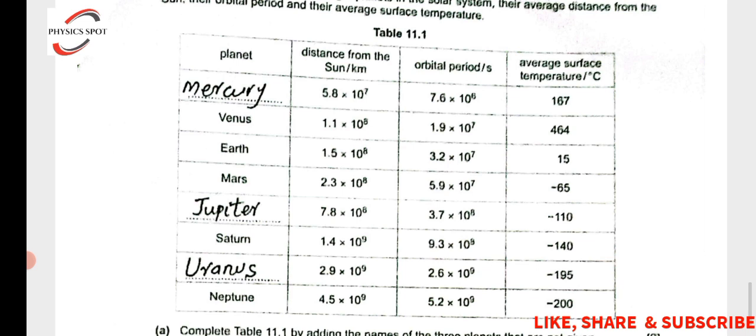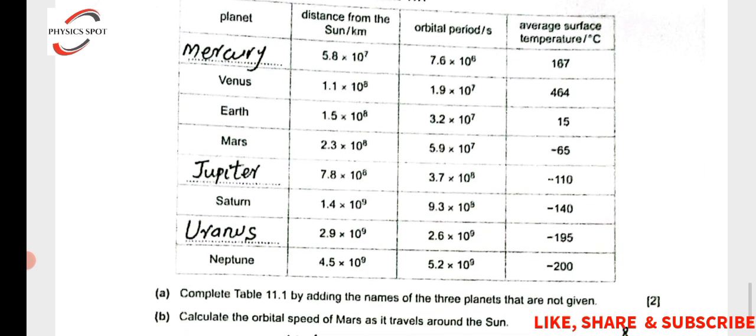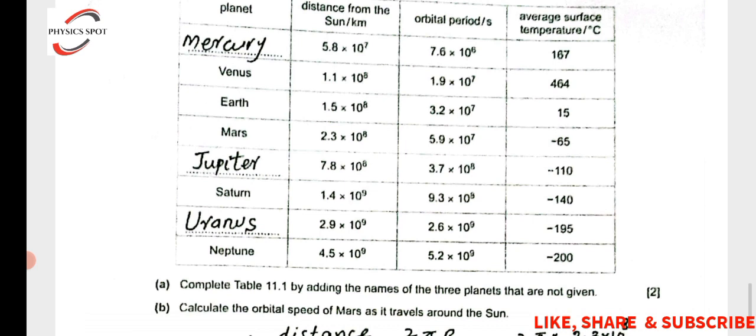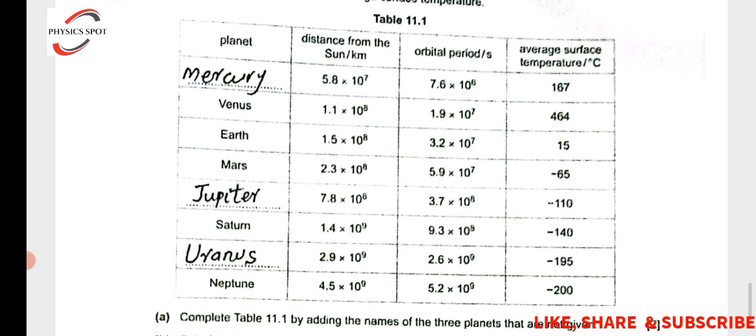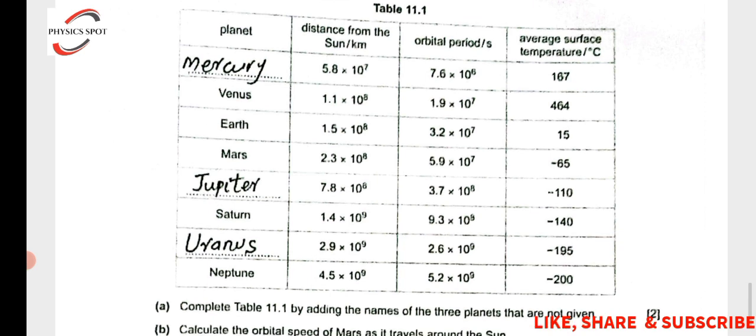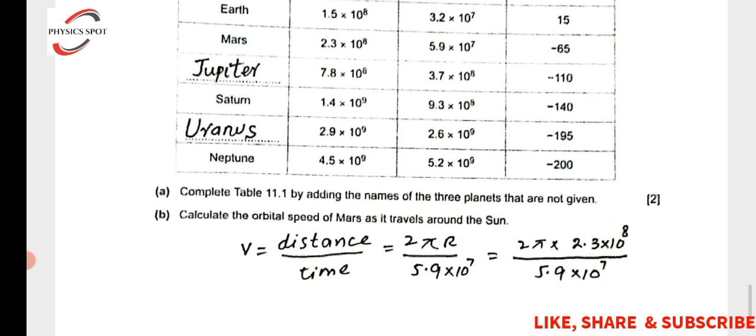For what planet is the distance 7.8 × 10^8 and the surface temperature −110? That is Jupiter. And next, the distance 2.9 × 10^9 and surface temperature −195 degrees Celsius. That is Uranus. Complete table 11.1. So we have completed it.